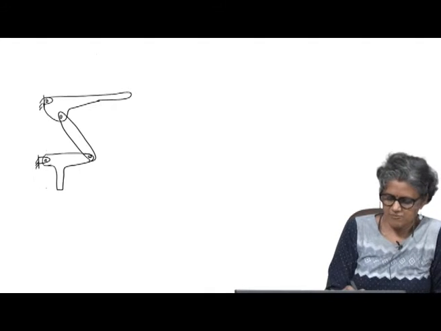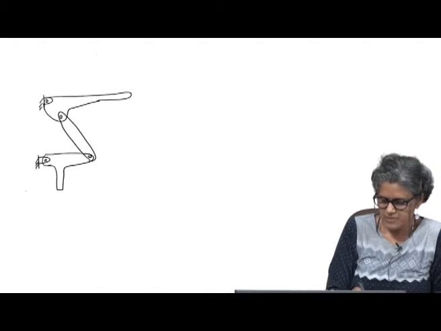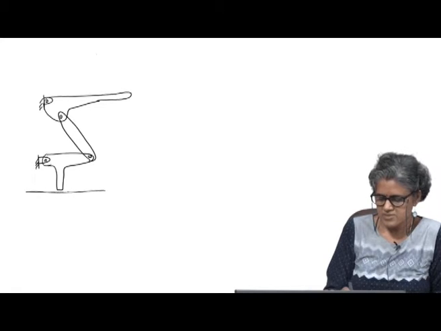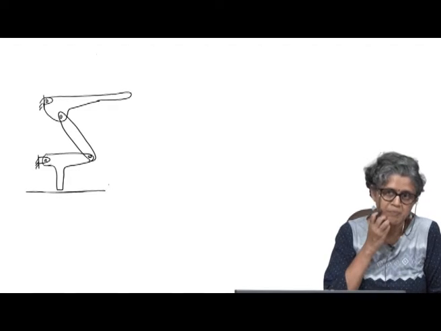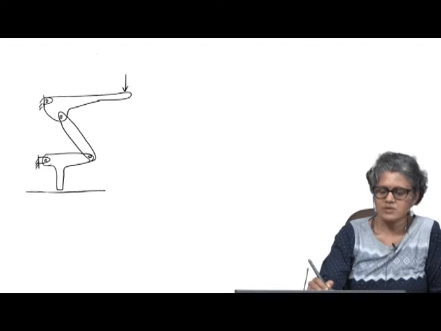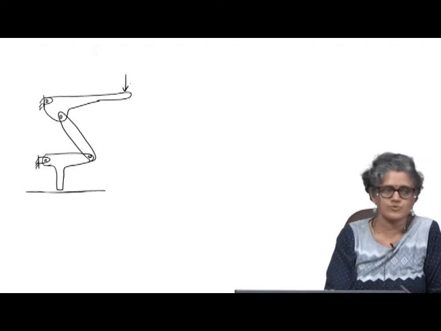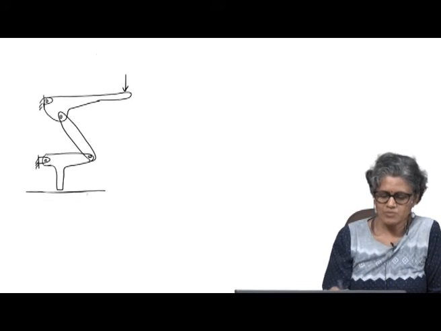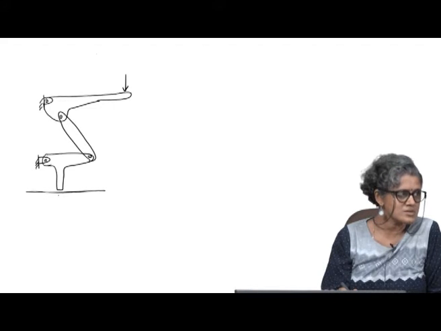let us say I have a punch, say this is a sheet of metal into which I want to punch a hole. Okay. So, this is the handle, so I would be applying a force there in order to punch a hole through this sheet.